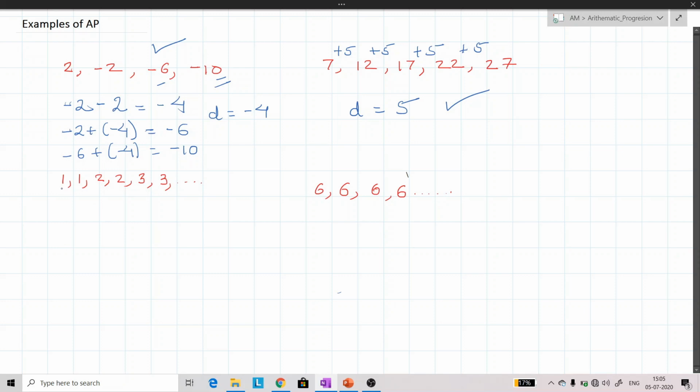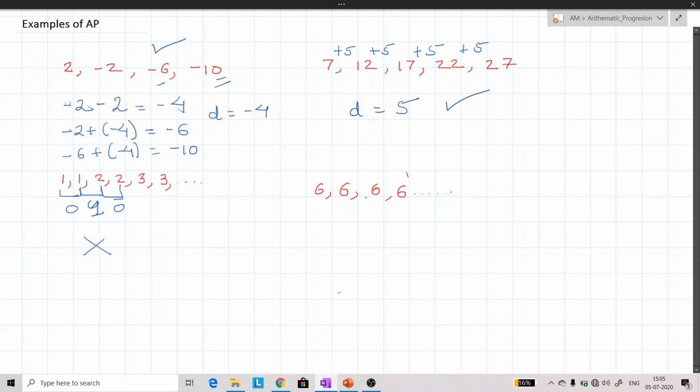If you look at this list of numbers, the difference between these two numbers is 0. The difference between 2 and 1 is 1. And the difference between 2 and 2 is 0. The difference is not common for all the numbers. Hence, this is not an AP.